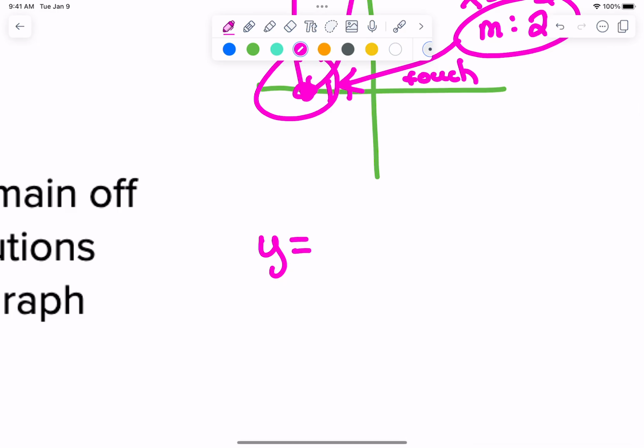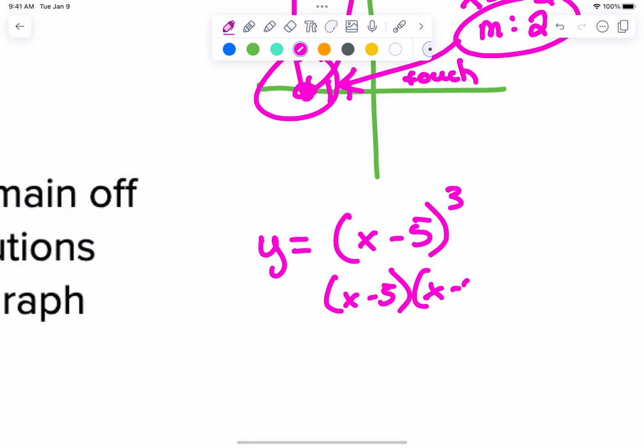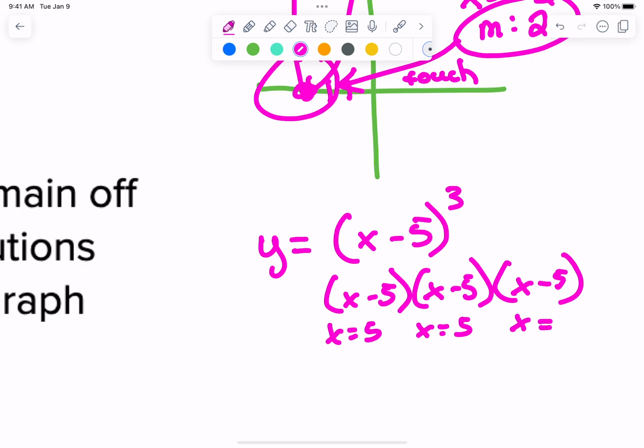So let's say y equals x minus 5 to the third power. If I would do all of that out, I would end up with a cubic function, right? And this is like x minus 5 times x minus 5 times x minus 5. So I have x equals 5, x equals 5, x equals 5, essentially. So 5 has a multiplicity of 3.